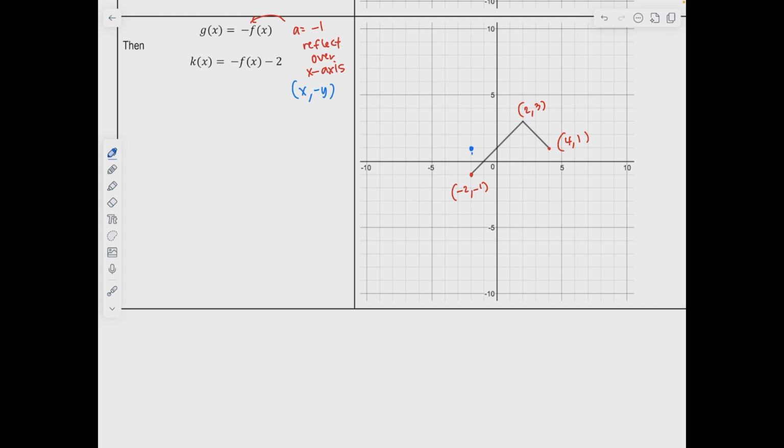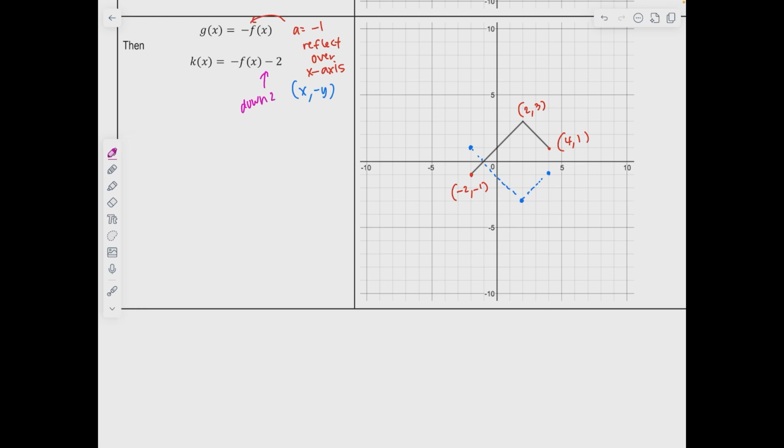Because as you cross through the x-axis, you end up the same distance away, just in an opposite spot. 2, 3 ends up at 2, negative 3, and then 4, 1 ends up at 4, negative 1. So that would be my reflection over the x-axis. Okay, so I just changed where it's facing. And then the last step would be to go down 2 units.